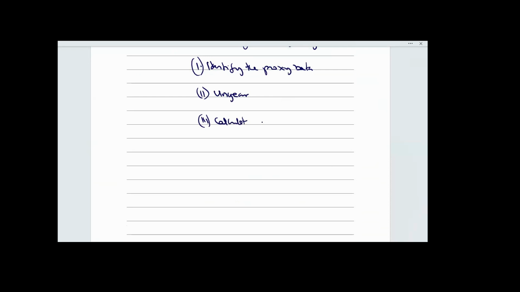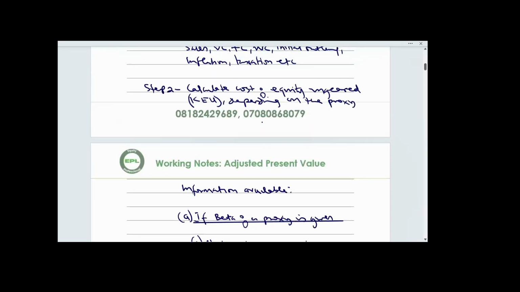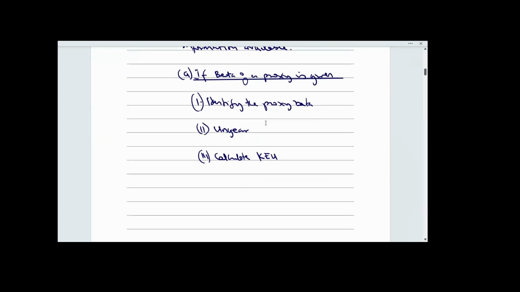Calculate cost of equity on gear. I've already mentioned that up there. KEU. You calculate cost of equity on gear. So these are the 3 procedures you are supposed to carry out anytime you want to calculate cost of equity on gear where beta of a proxy company is given to you.